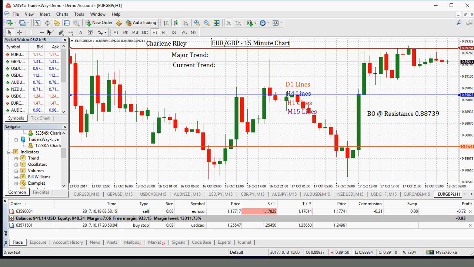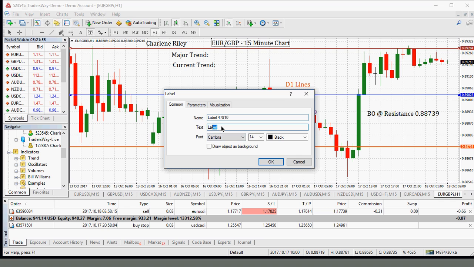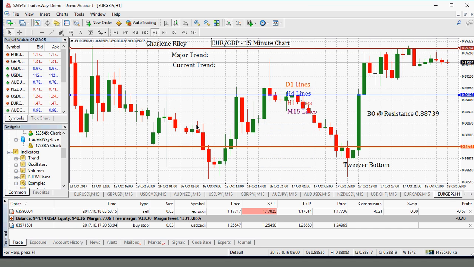And then because I had that breakout and I had this tweezer bottom, and I'm putting that there, because that's where it is right here.